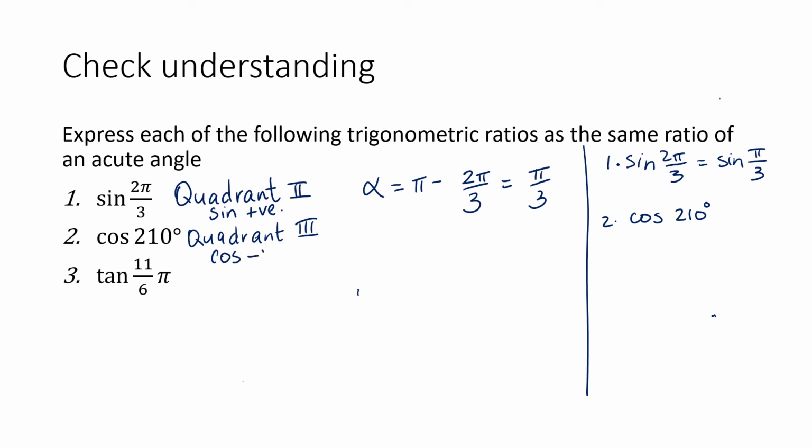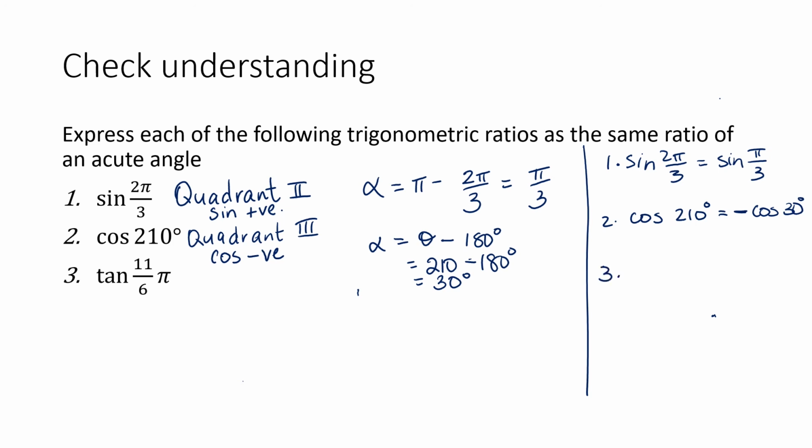Alpha, in the third quadrant, is theta minus 180 degrees. So that will be 210 minus 180 degrees, which gives us 30 degrees. So therefore, since cosine is negative, the cosine of 210 will be negative cosine of 30 degrees.